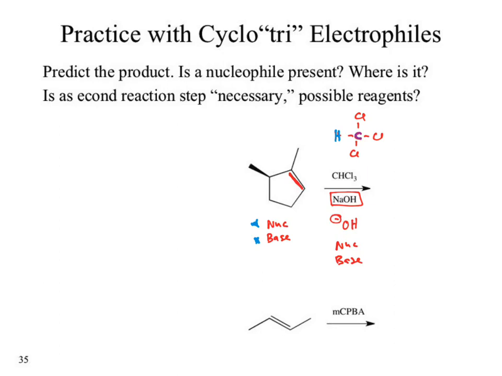So yes, we could say proton transfer, and I'm not disagreeing with you. All I'm asking is, isn't the carbon also positive? Yes. What should the hydroxide react with? Should it react with that hydrogen or with the carbon? The carbon? Okay, to react with the carbon, what must it get by?